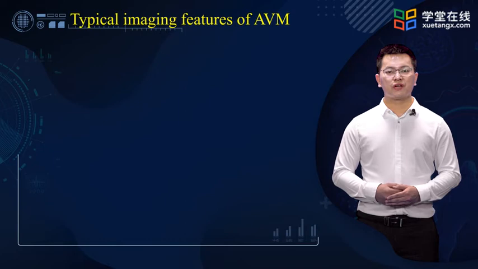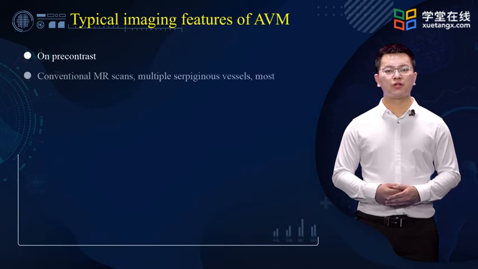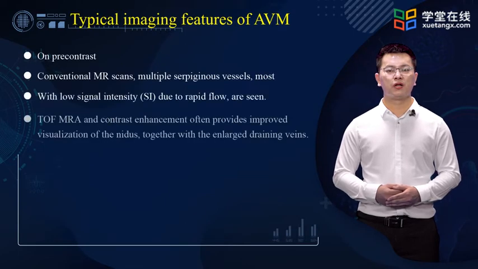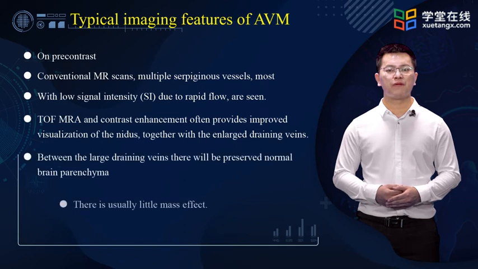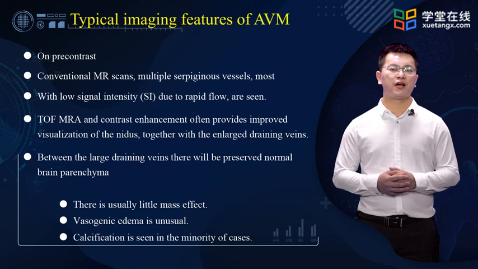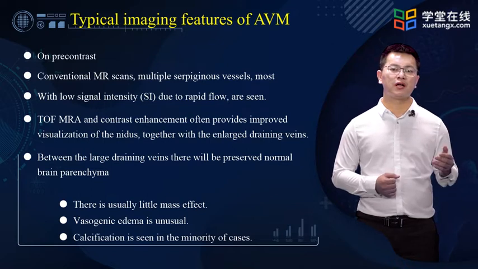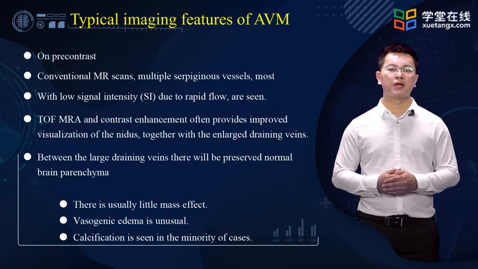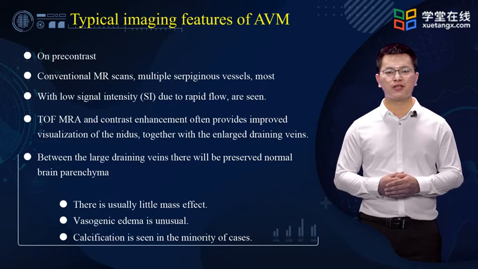On pre-contrast conventional MR scans, multiple deformed vessels, most with low signal intensity due to rapid flow, are seen. Contrast enhancement often provides improved visualization of the nidus together with the enlarged draining veins. Between the large draining veins, there will be preserved normal brain parenchyma, usually with little mass effect or calcification.